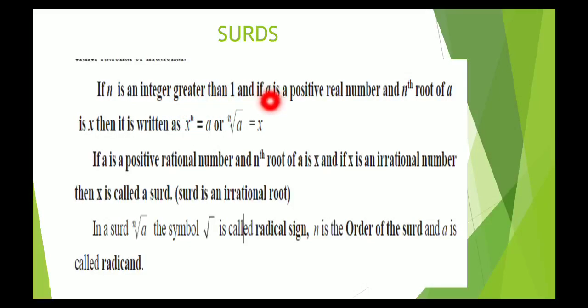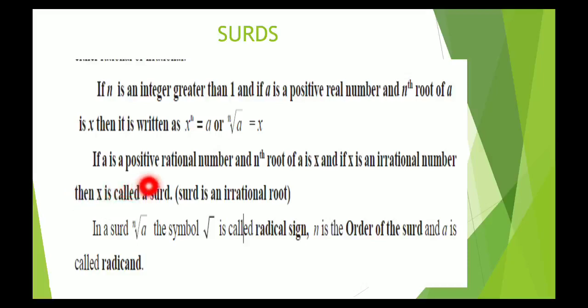And if a is a positive real number and the nth root of a is x, then it is written as x raised to n is equal to a, or the nth root of a is equal to x.